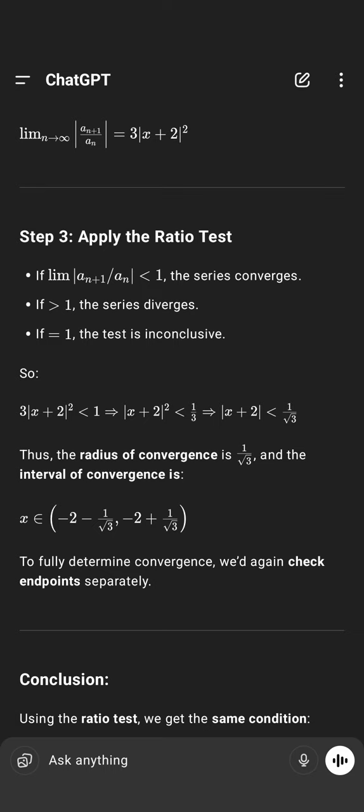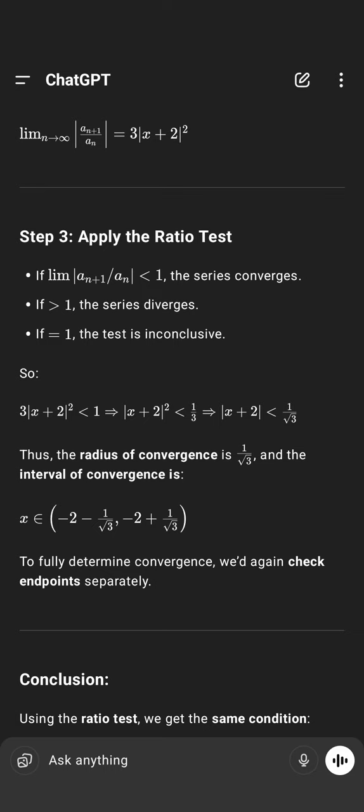So 3 times the absolute value of (x + 2)^2 is less than 1, and that yields the absolute value of (x + 2)^2 is less than 1/3.